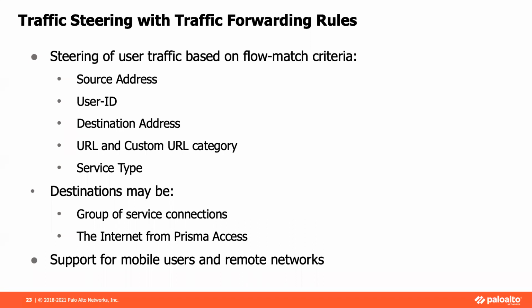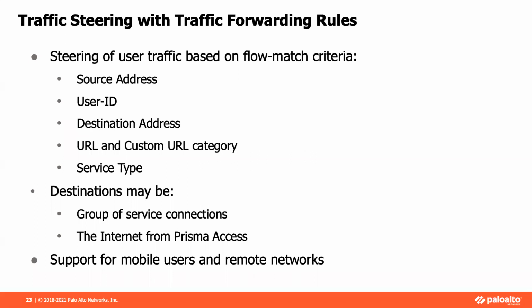Basic routing does that. URLs, URL categories, service types, which is port numbers. And we can then create a traffic steering rule that says your next hop or your destination is going to be in one direction or another.